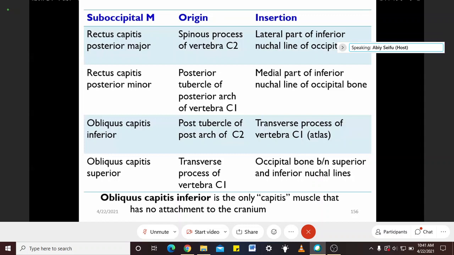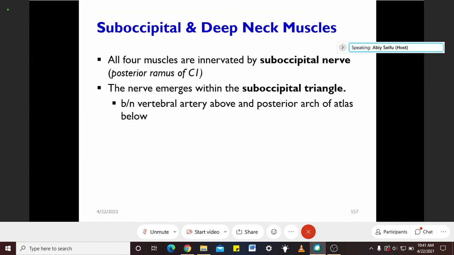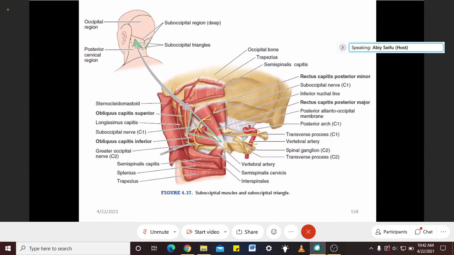Let's see the attachments of the muscles and the area. The suboccipital nerve is the posterior ramus of C1. Look, this is the suboccipital region, which contains suboccipital triangles.